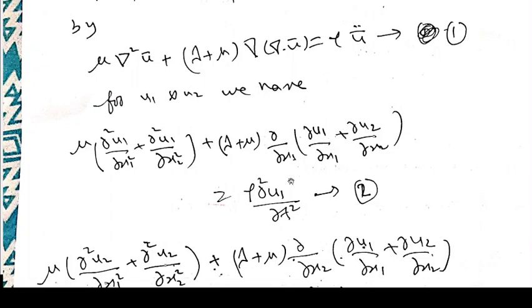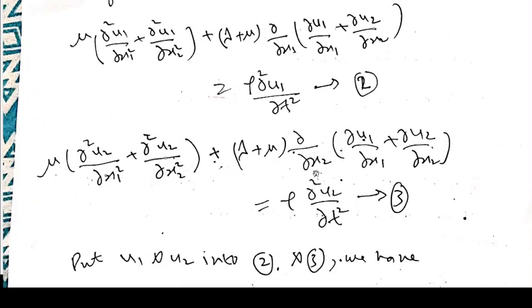So this is partial by partial x1. Now this is the first component of the gradient of the scalar divergence of u. And on the right side we have rho partial square u1 partial t square. Similarly we have the second equation, and the third is automatically satisfied, 0 equals 0.